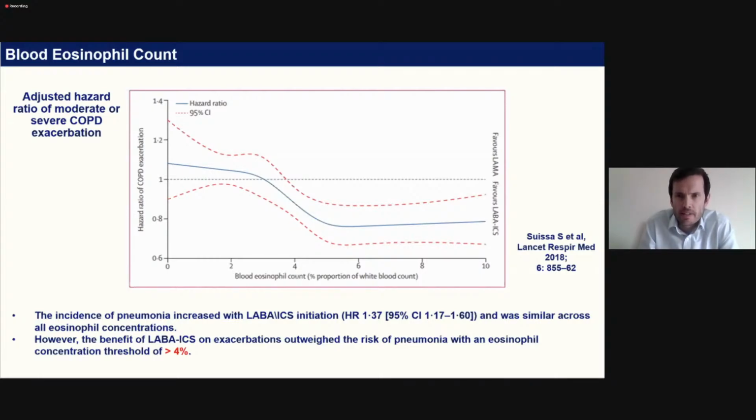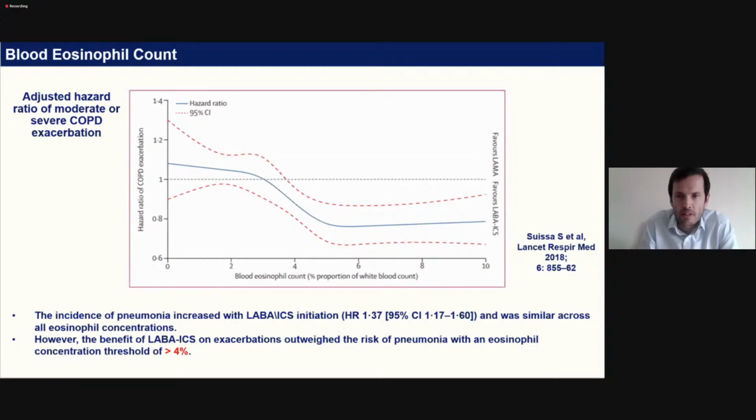It should also be highlighted that the incidence of pneumonia was increased in the LABA ICS combination group. The hazard ratio was 1.37 in that particular group and was similar across all eosinophil concentrations.